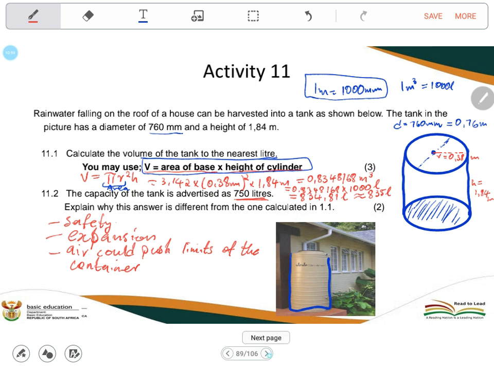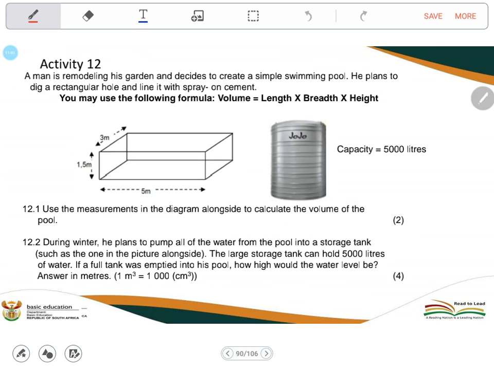Now let's look at activity 12. In activity 12, a man is remodeling his garden and decides to create a simple swimming pool. He plans to dig a rectangular hole and line it with spray-on cement.